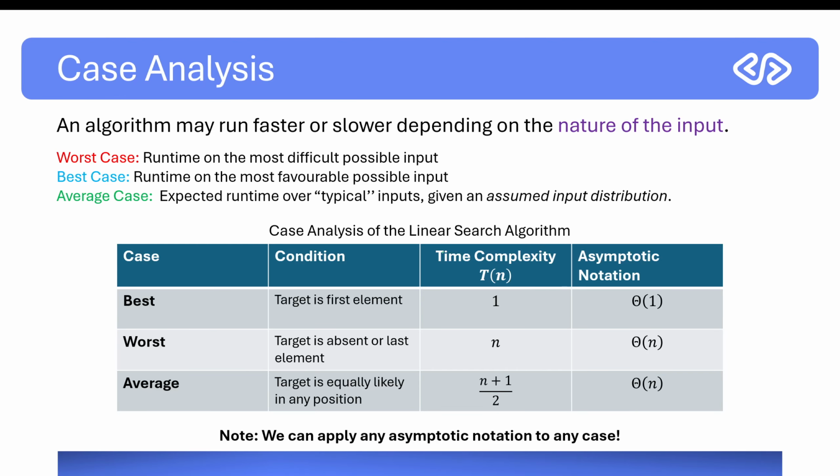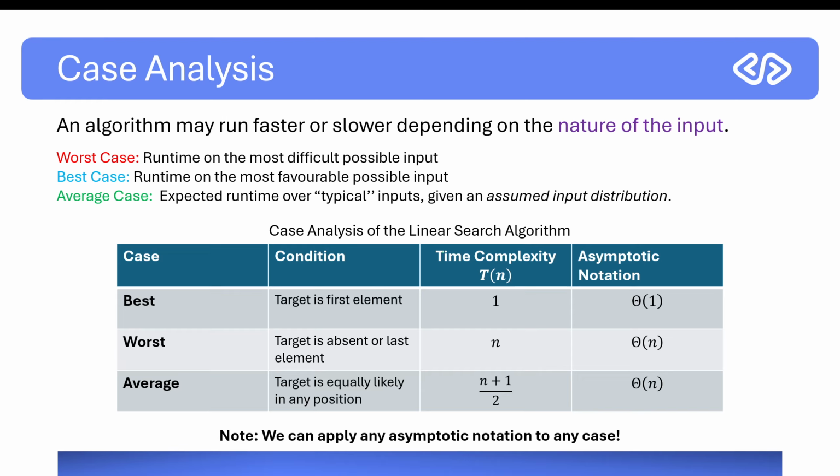Right, so now we're going to get into case analysis. Especially for more complex algorithms, your inputs could be different. For instance, with a sorting algorithm, you might have the order your input comes in, the nature of it.